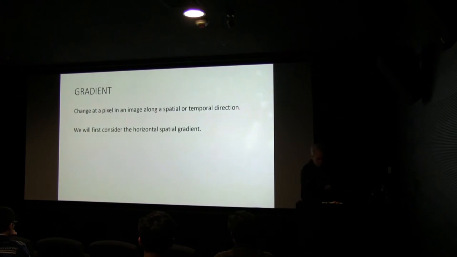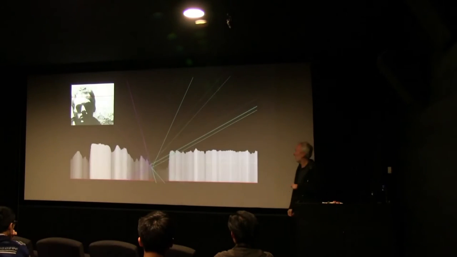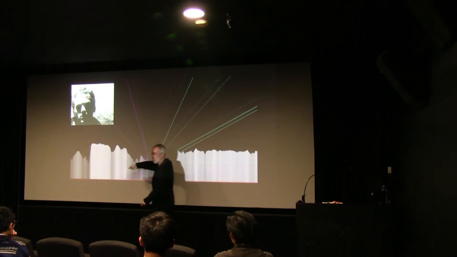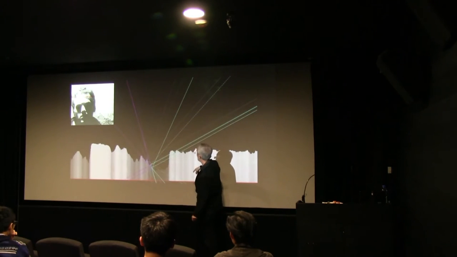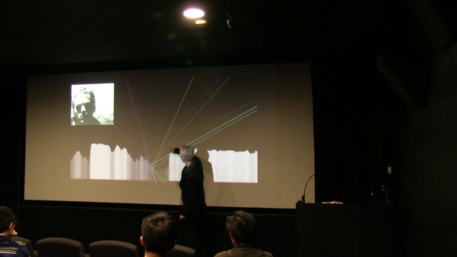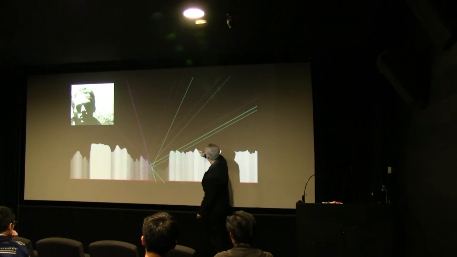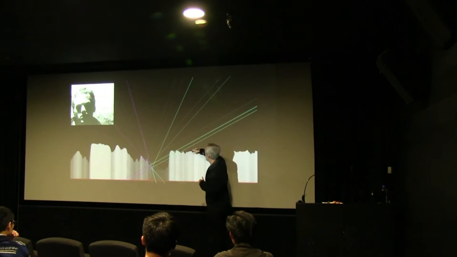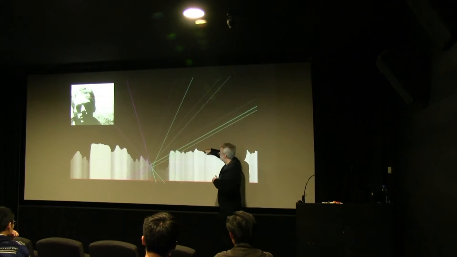For example, here, just considering the horizontal element, we can say that around here the gradient is very steep, right? So around these pixels it's changing a lot. Around here there's not so much change. We can visualize the gradient by drawing a line that is tangent to this curve at that point.